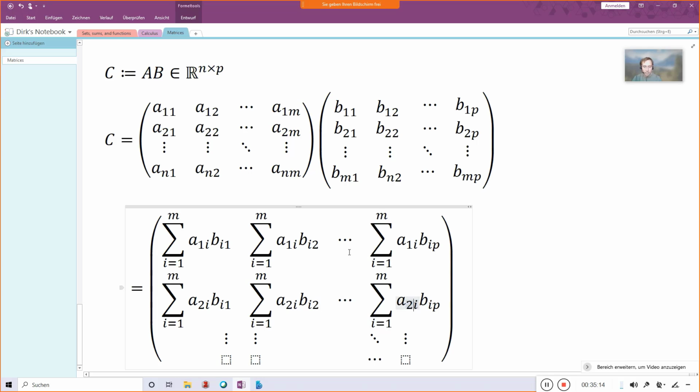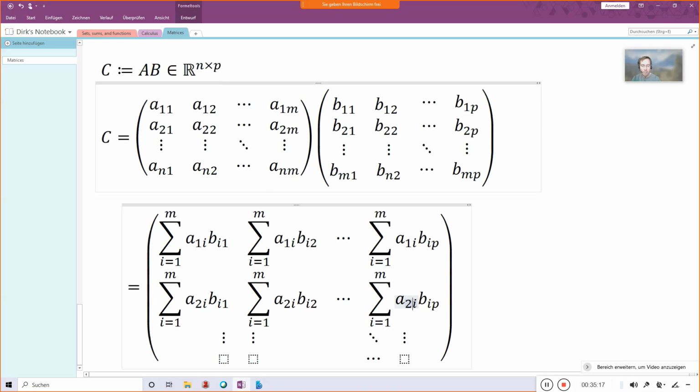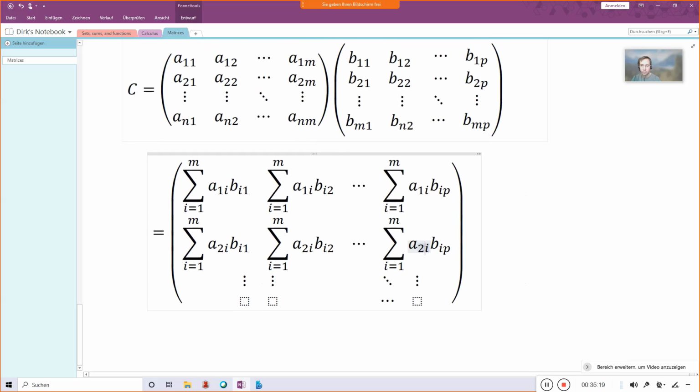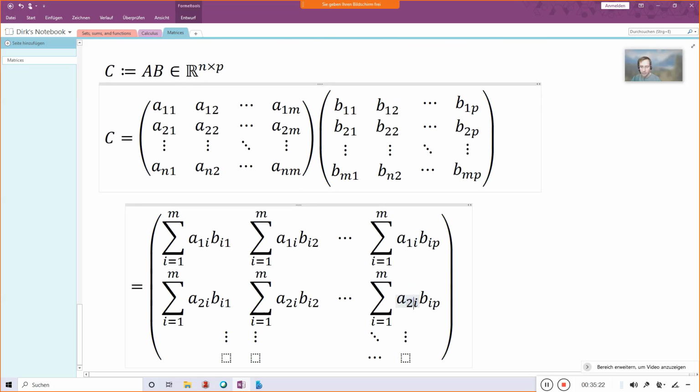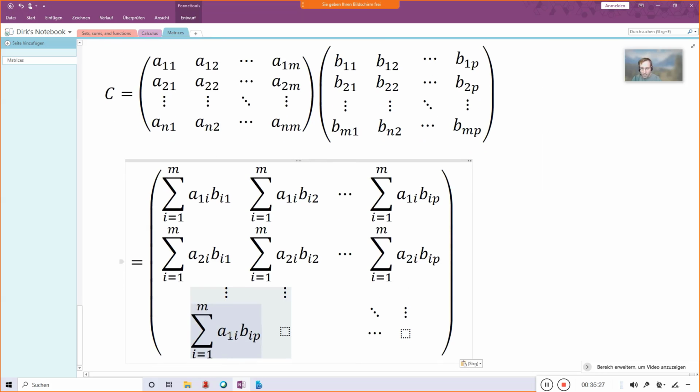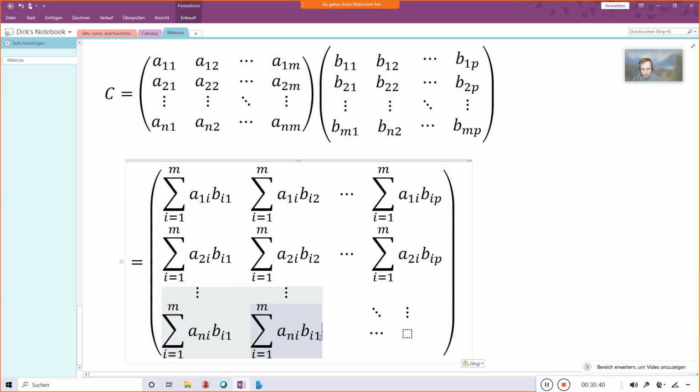We continue this way over all rows of A, and as there are n rows of A, we will in the end end up with the nth row of A, and hence here have n, and start again with the first column of B, then go to the second column, and end on the pth column.